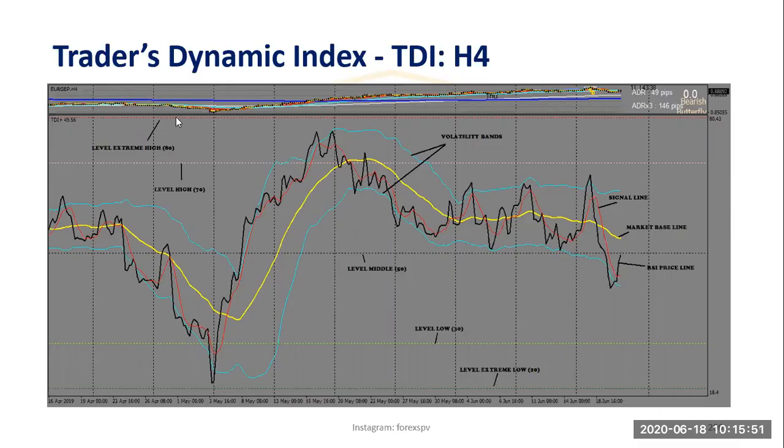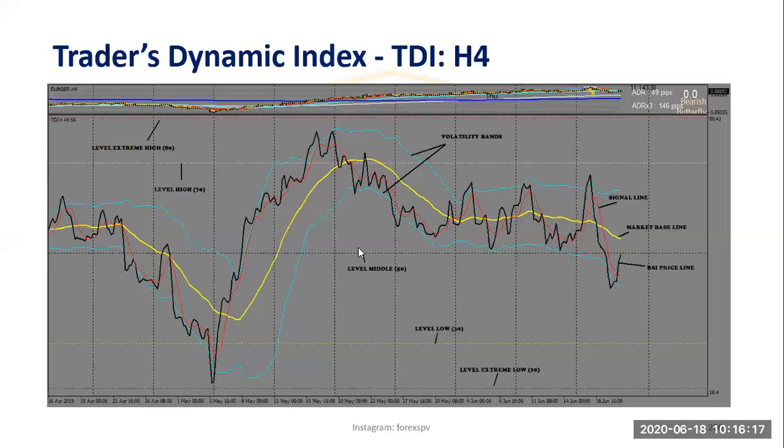So the level extreme high is the 80 level, high is the 70 level, low is 30, and level extreme low is around 20. We have the volatility bands, the blue bands here. We have the RSI price line, the black line. We have the signal line, the red line, and we have the market baseline.